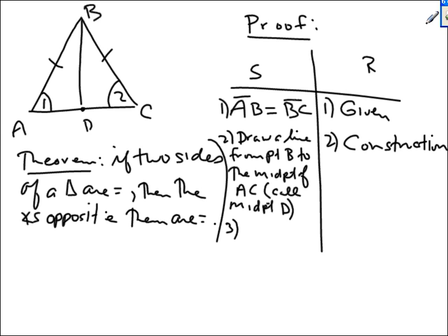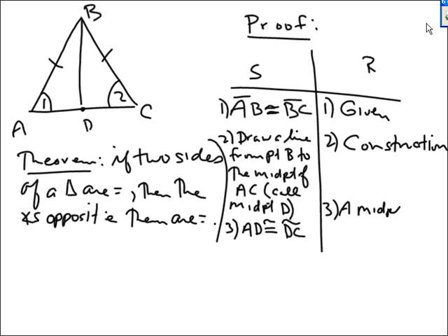Number 3. AD is congruent to, I guess these should be congruent, I hate that symbol, AD is congruent to DC. Why?